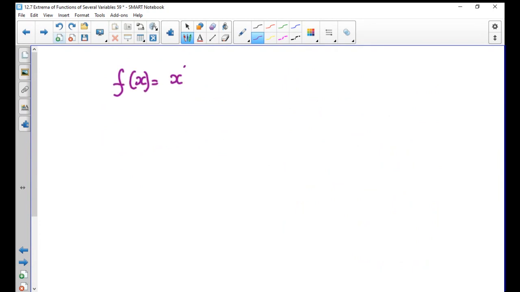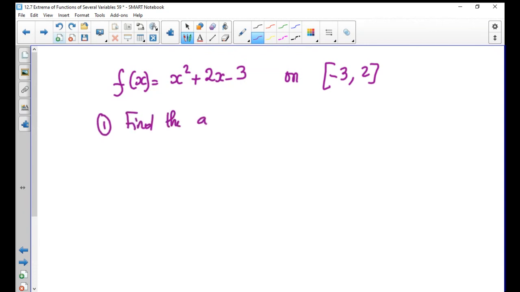Suppose I give you this function and I want to study it on the interval from -3 to 2. Find the absolute maximum, and find the absolute minimum.